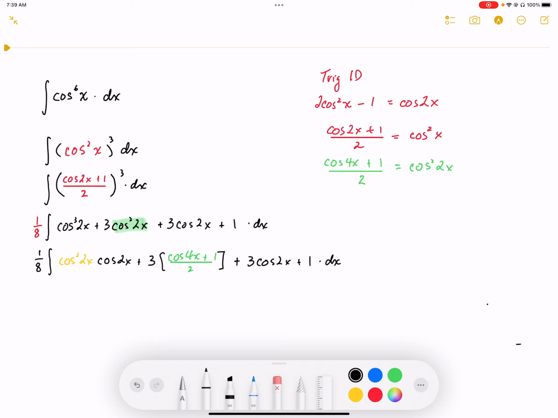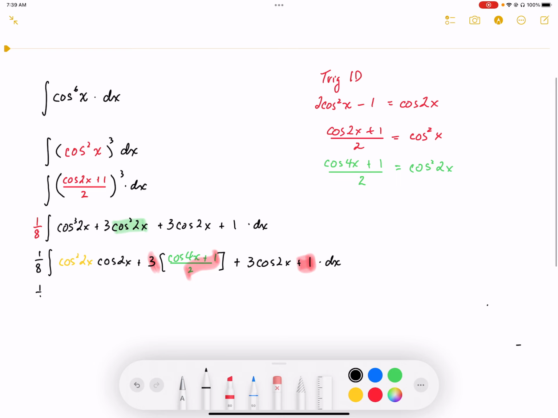So I'm going to do a couple of things in this next step. I'm going to group together the 3 times 1 over 2, that constant, and combine it with the plus 1 over here. The other thing I'm going to do is, in the yellow, replace that with 1 minus sine squared.